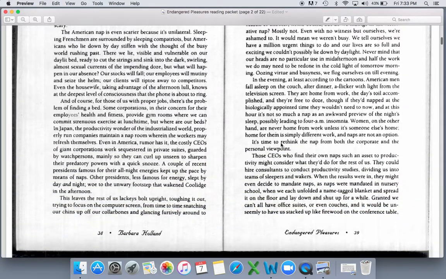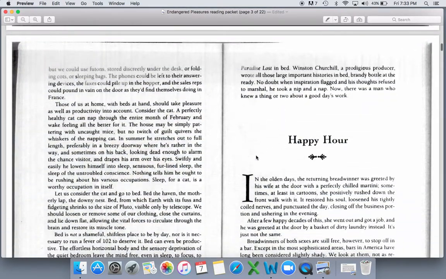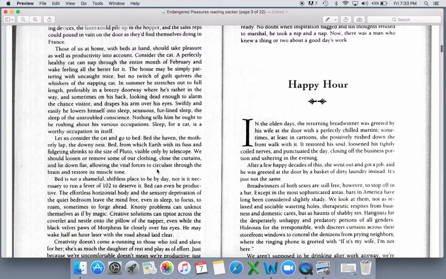A true imperative happens on page 40, and it comes in the form of an example. She's trying to give an example of the joys of napping, and she uses, as Philip Levine used, two instances of consider. And here at the top of the page, she says, consider the cat.